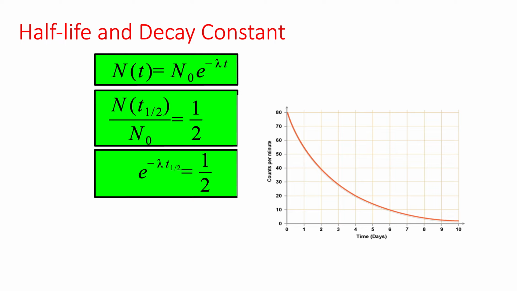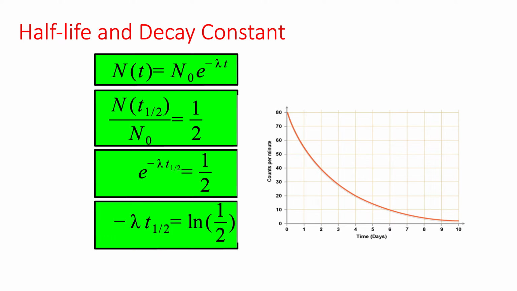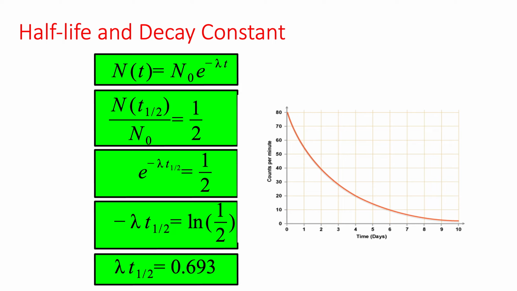The result of this is that e to the minus lambda t half, t half here being a signifier, not a power, is just going to be equal to 1 divided by 2. If I take the log of both sides again, I'm going to have minus lambda t half equal to the natural log of 1 over 2. And if we take that number into a decimal, it's 0.693.